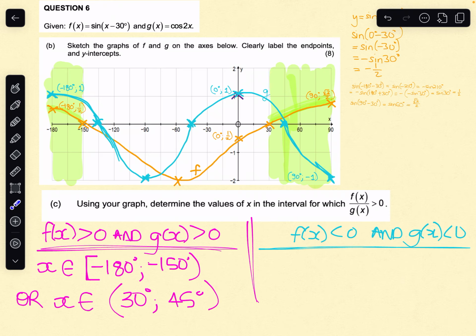So in terms of f of x over g of x giving us something positive, in the case where both f and g are positive, these are the x values that will satisfy that. Right?